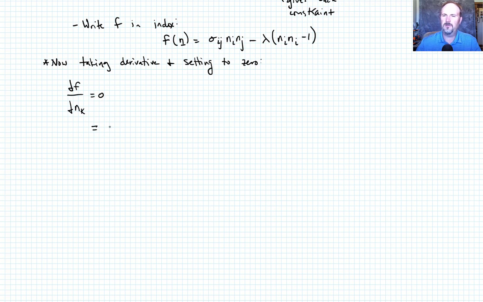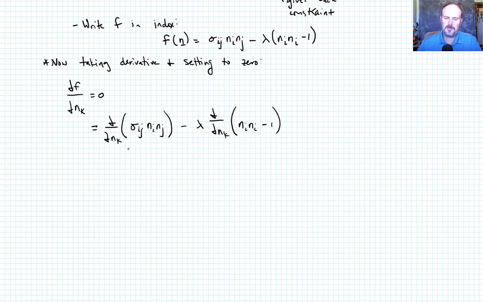And that's going to be equal to partial with respect to nk of the first term, which is sigma ij ni nj, minus lambda, which has no n dependence, so I can pull it outside the differential and write lambda times partial with respect to nk of ni minus 1. Okay?